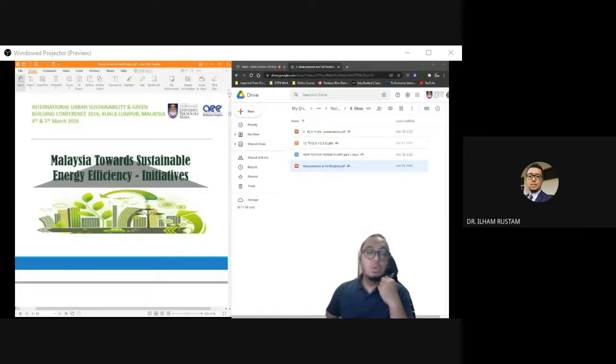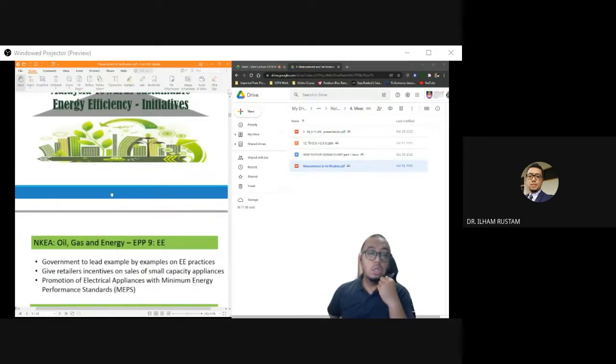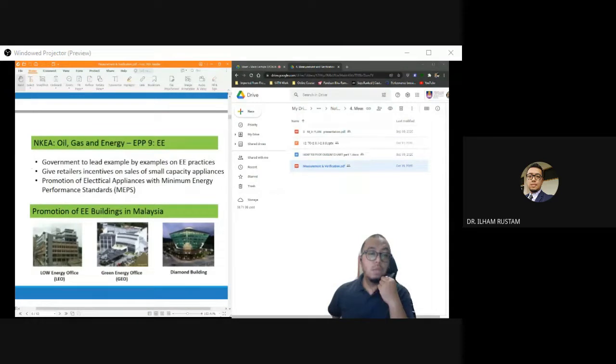Also, towards achieving sustainable energy efficiency, Malaysia has taken the initiative of implementing several steps. For example, NKEA, where we implement energy efficiency on government buildings and government related transactions. Any incentive on small capacity appliances installed in Malaysian government buildings will have a sales tax incentive, which means the sales tax is lower or exempted.